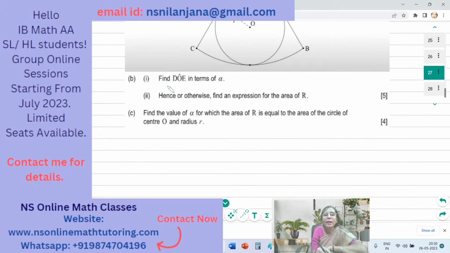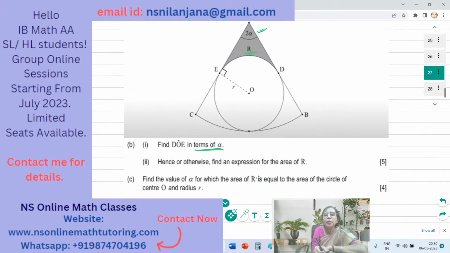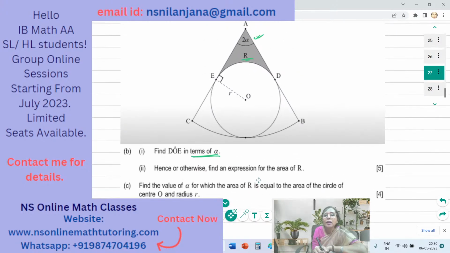Subpart B says I, it has 2 subparts. Subpart I is find angle DOE in terms of alpha. Which one is DOE? That means this angle in terms of alpha. Fine. So we do the previous construction again, this diagram.